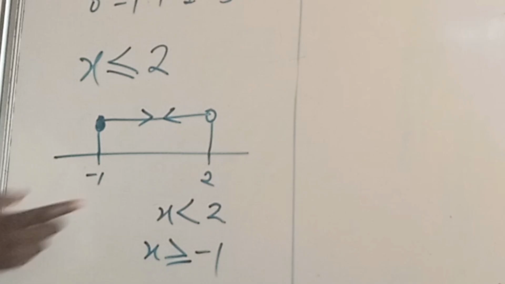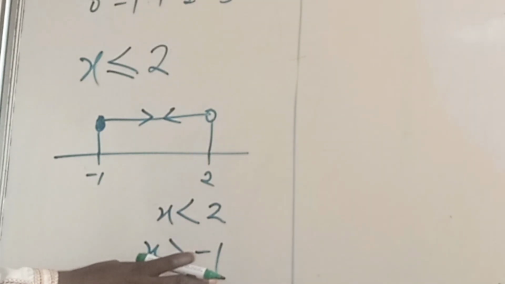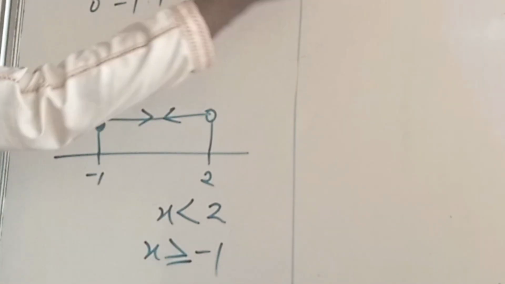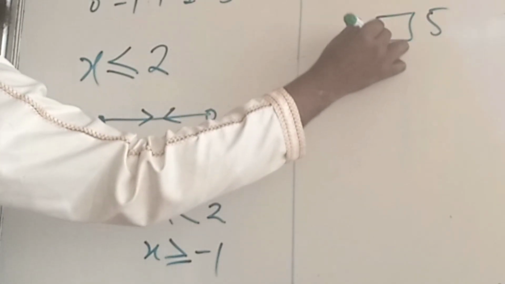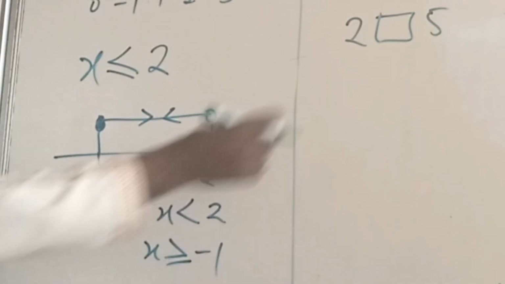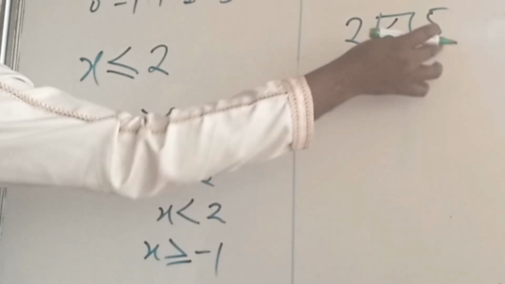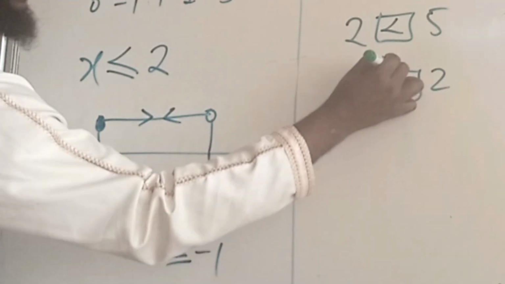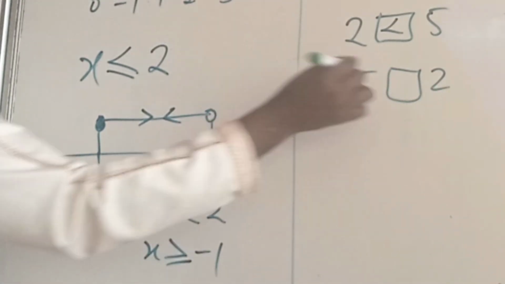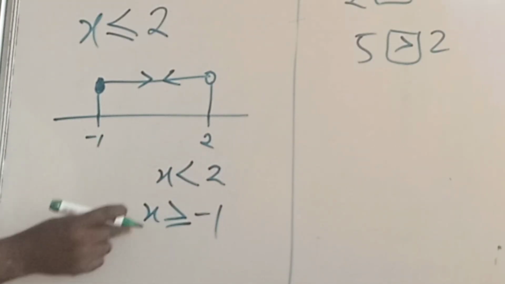Now we want to combine these together. Are you with me? We have to change the first one, which is this one. You know, if you have 2, 5, what symbol are you going to put here? Less than or greater than? We put less than. But if I have to change the position of this, I have 5 here, I have 2 here. What will I put here? Greater than. The same thing with this one, because I'm bringing this one to this side and taking this one to this side.